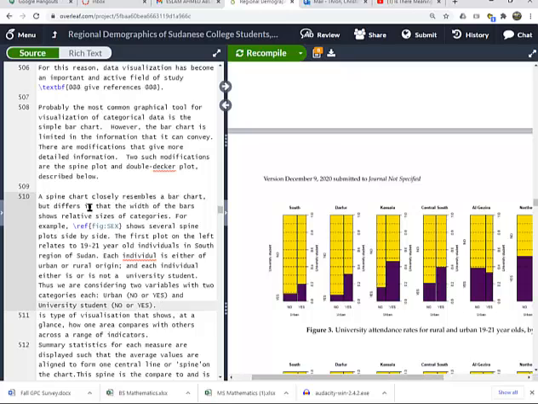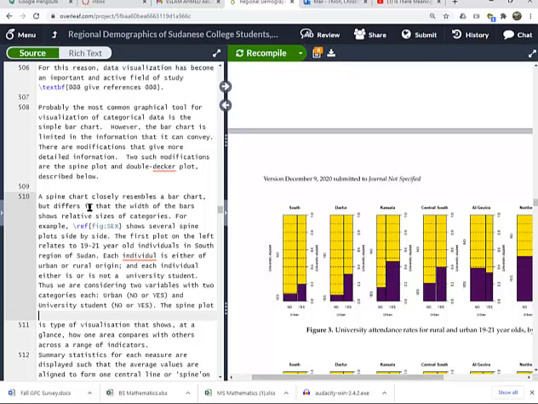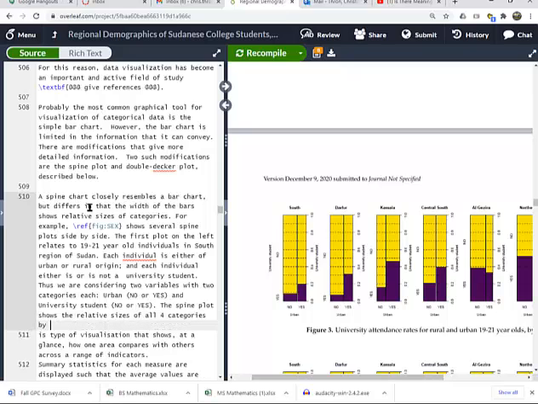Now we want to say the spine plot shows the relative sizes of all four categories by means of the areas.